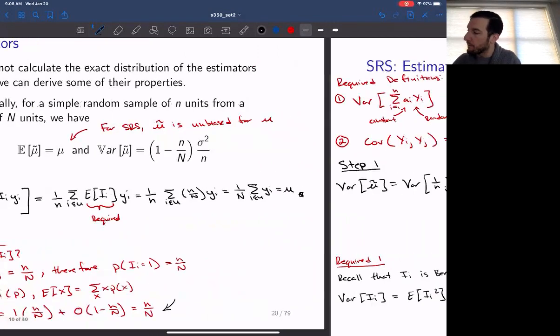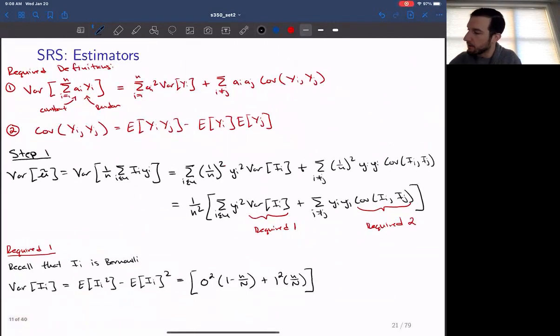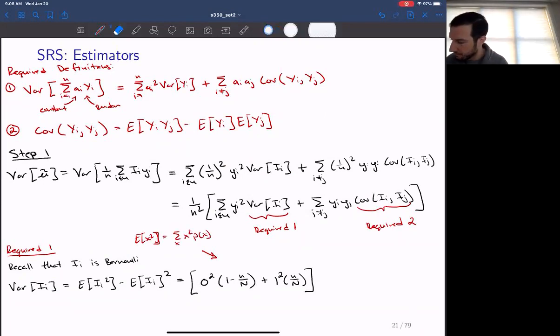So basically here, all we're doing is making use of the fact that the expected value of x squared is equal to the sum over x of x squared multiplied by the probability of x.